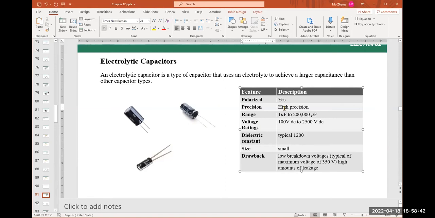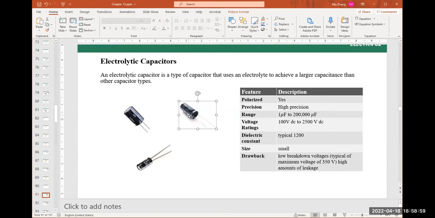Precision, high precision. However, there's a big problem. This can leak. Low breakdown voltage, and it can have high amounts of leakage. Leakage means when this is charged, it can discharge by itself if you leave it there for a while. Let's say we have a cup of water.